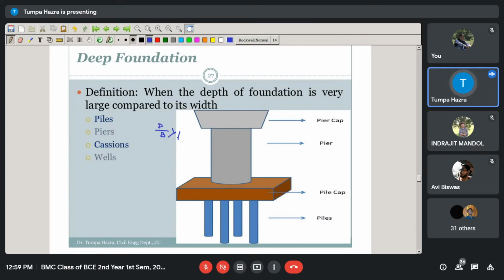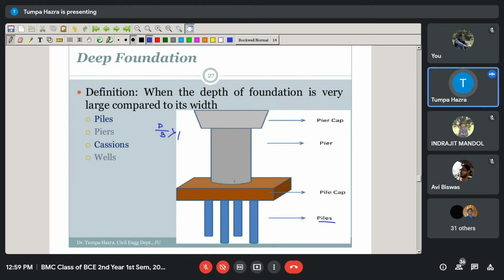And there are different types of deep foundation like piles, piers, caissons, wells, etc. This is the example of a number of piles.